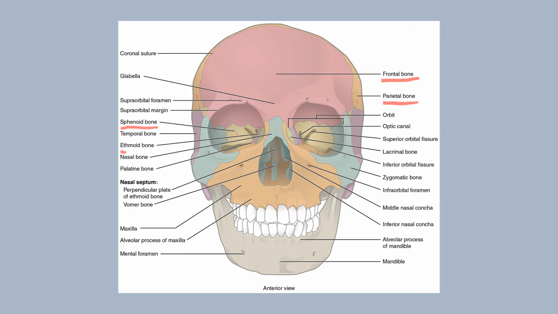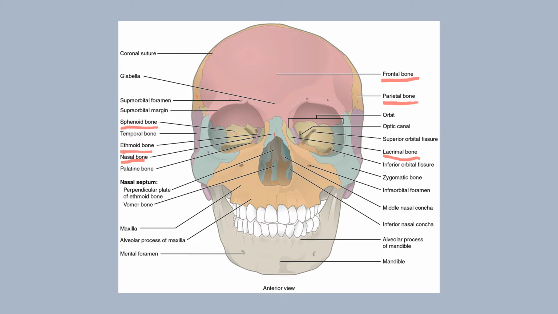The ethmoid bone is listed right here. As you can see, it's the purple bone. Now, as you move to the front, the green bone that's right next to it is going to be the lacrimal. So on the very back, you've got the sphenoid. Then as you move forward along near the nose, you've got the ethmoid. Then you've got the lacrimal bone. And then right up front, where the nose is, you've got the nasal bone, which is right here.